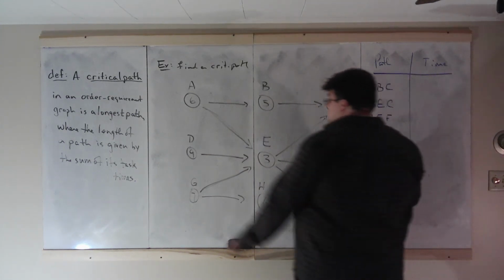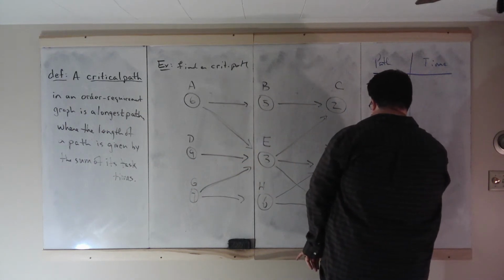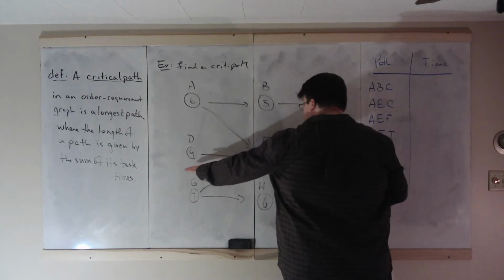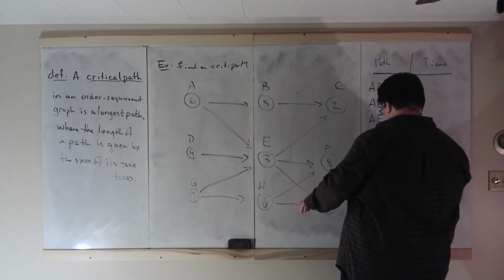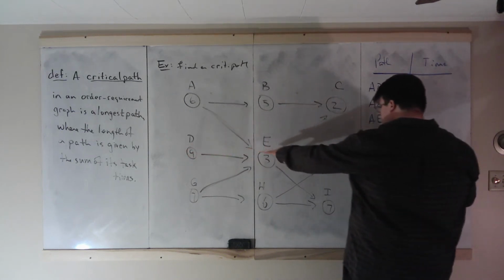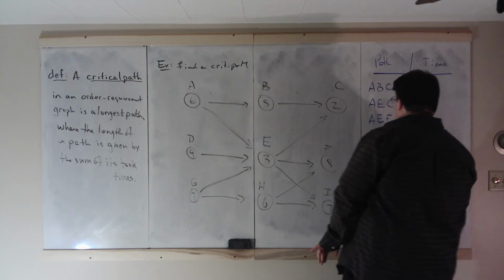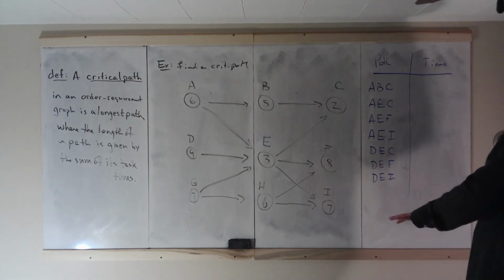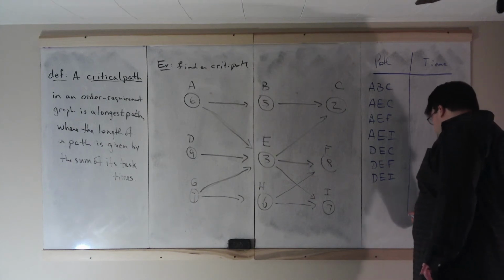What about D? Well, we can do D, E, C. We can do D, E, F. We can do D, E, I. And that looks like, yeah, that's all we can do from D. How about from G?